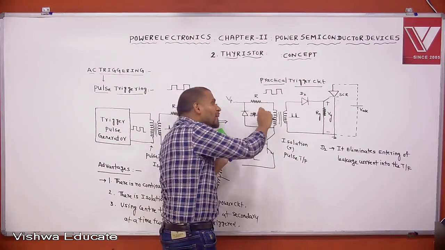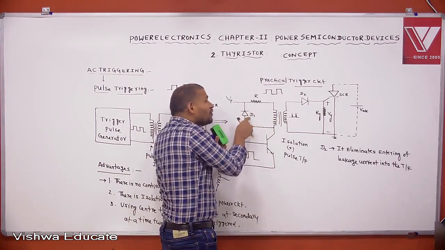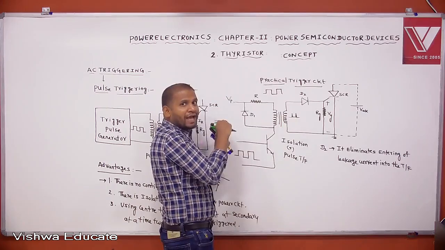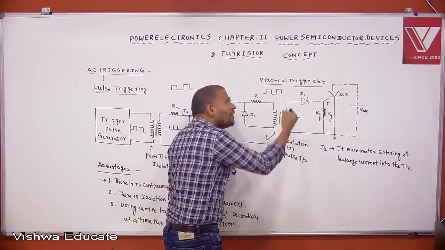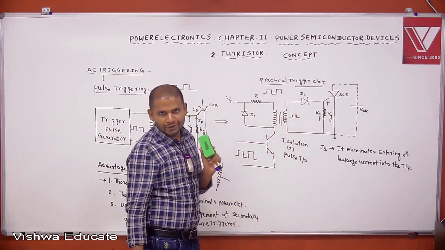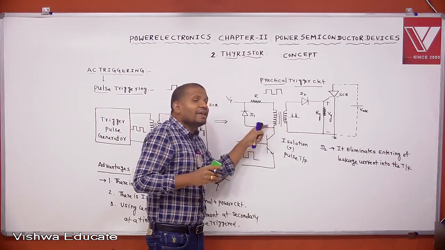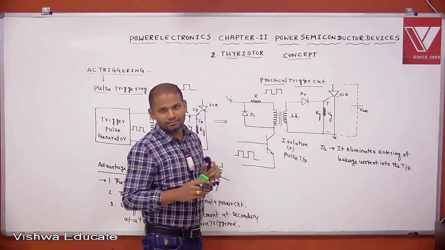You want to dissipate that stored energy. That's why the D1 diode: for the next switching action, whatever energy was stored in the previous switching action must be dissipated. Otherwise, there is a possibility of transient voltages, large voltages. This D1 diode carries the energy stored in the primary and dissipates it in the resistance R.